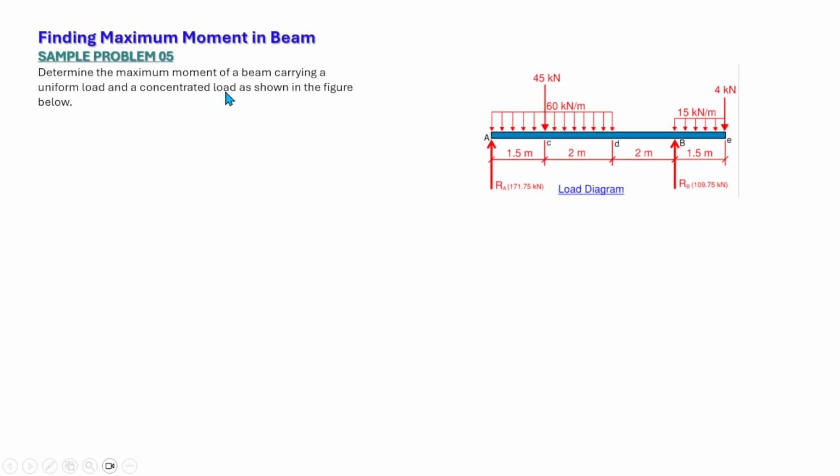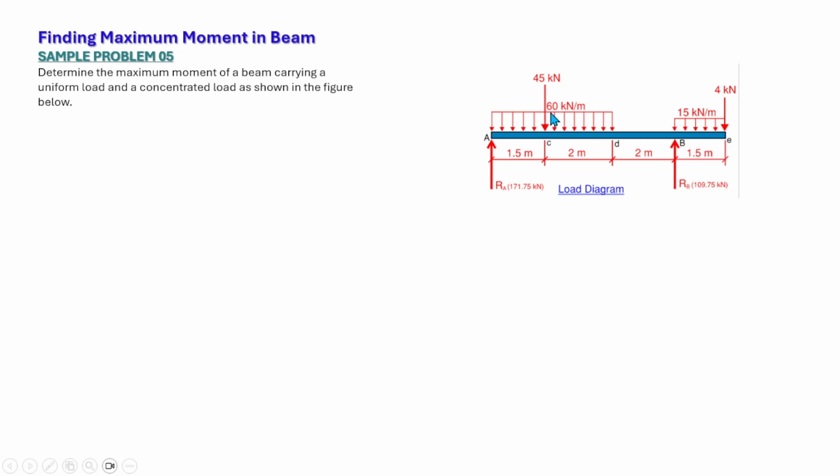Determine the maximum moment of a beam carrying a uniform load and a concentrated load as shown in the figure below. As you can see in this figure, we have a load diagram with a 5.5 span of the beam and a 1.5 cantilever end.